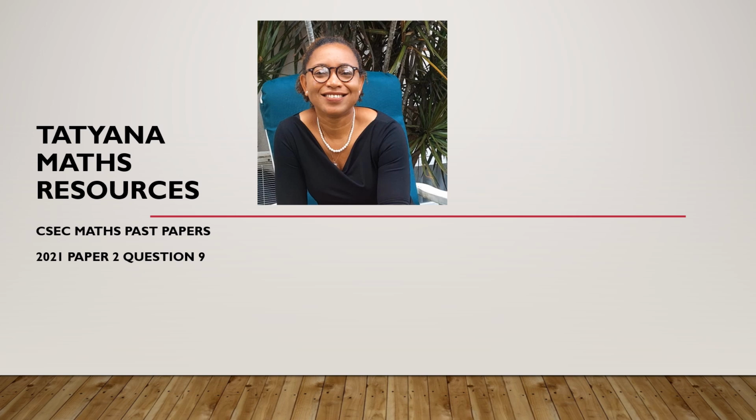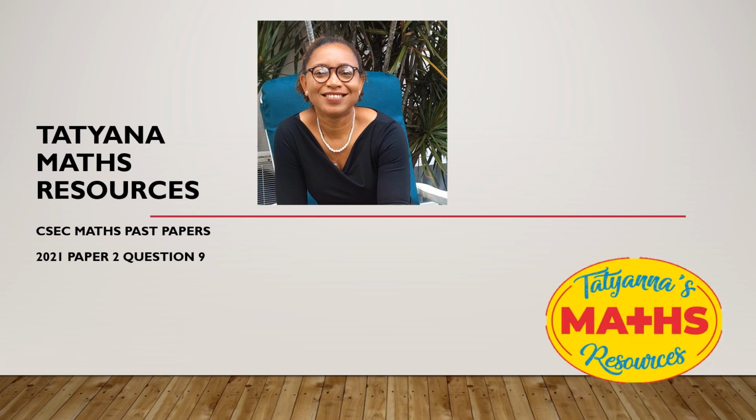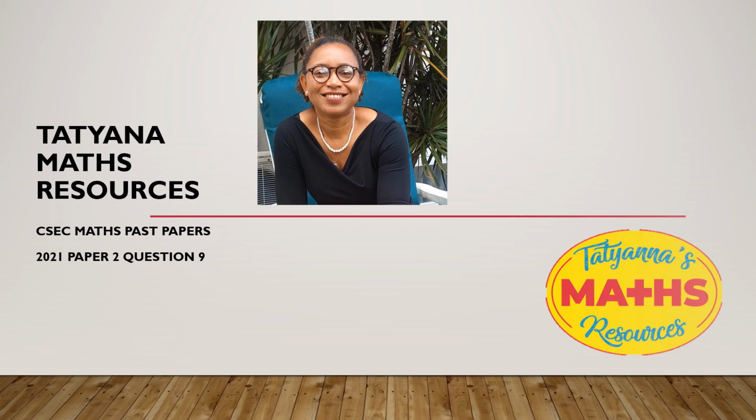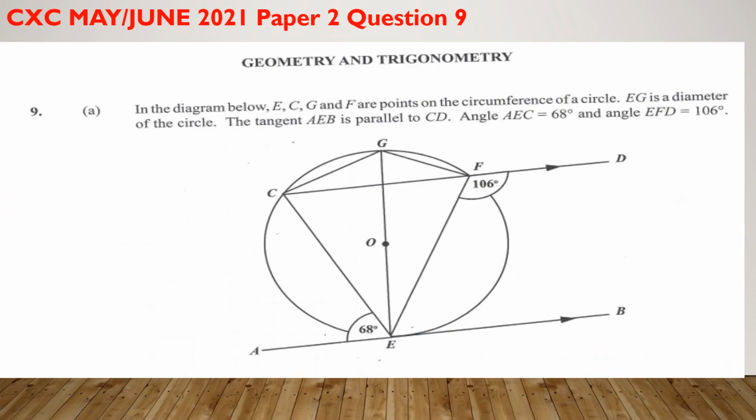We're looking at the 2021 CSEC math paper, question 9. Here we have in the diagram below, E, C, G, and F are positions on the circumference of a circle. So we have the tangent, which is AEB. So that's the tangent.